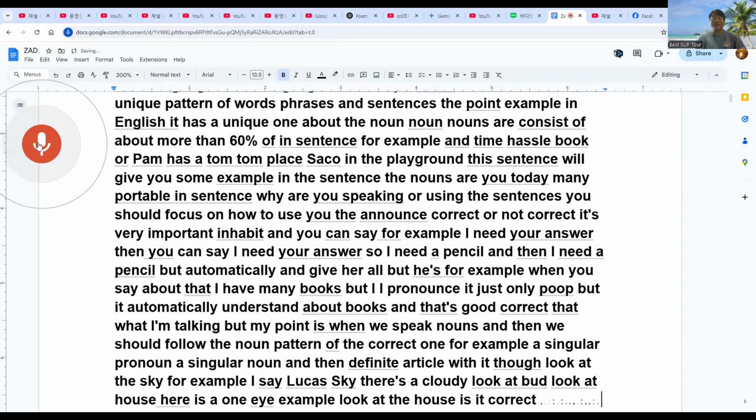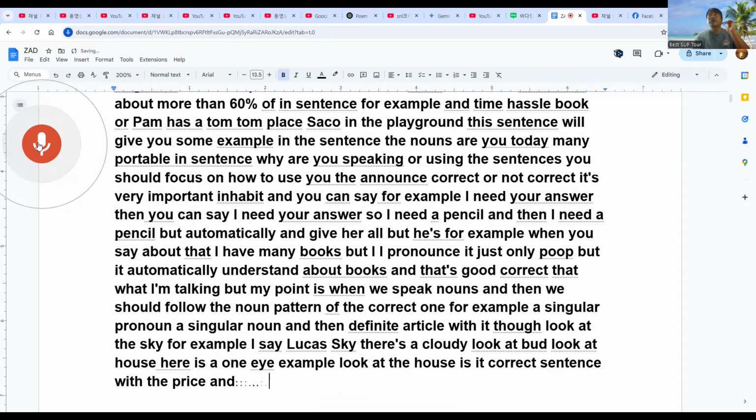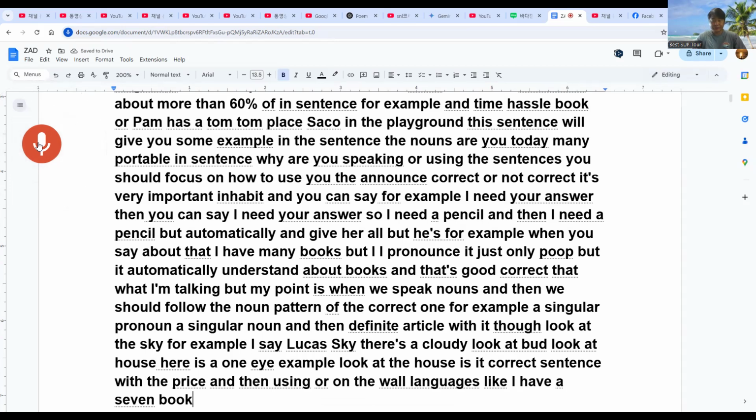Then there is using plural, like I have 7 books. This is correct.